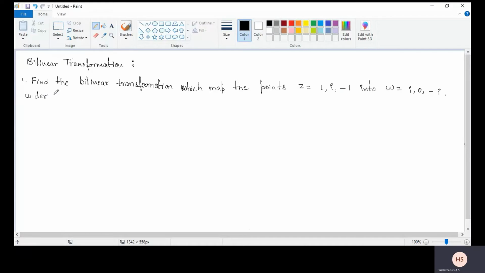Under this transformation, find the images of mod z less than 1.